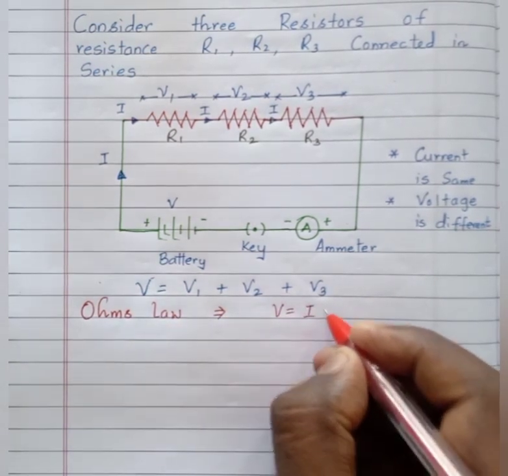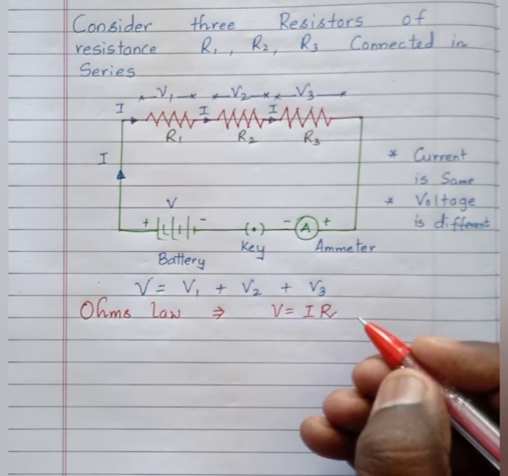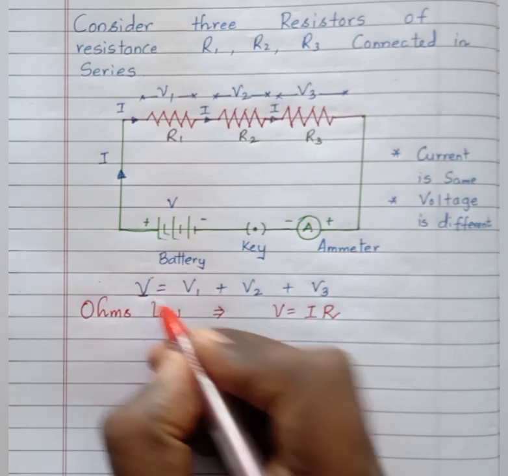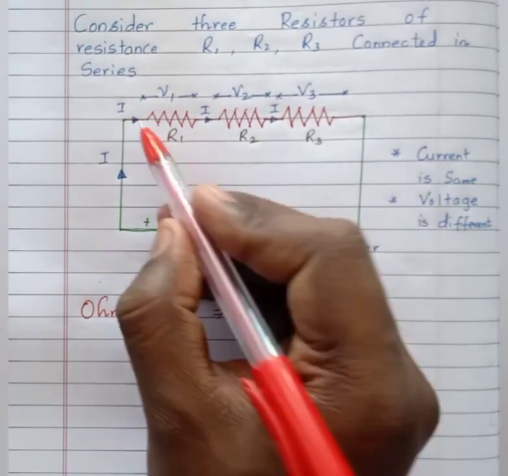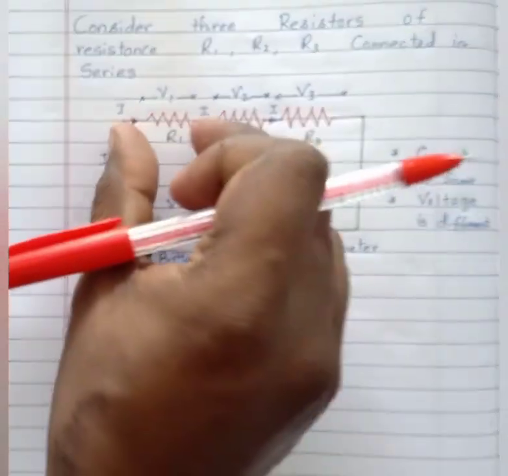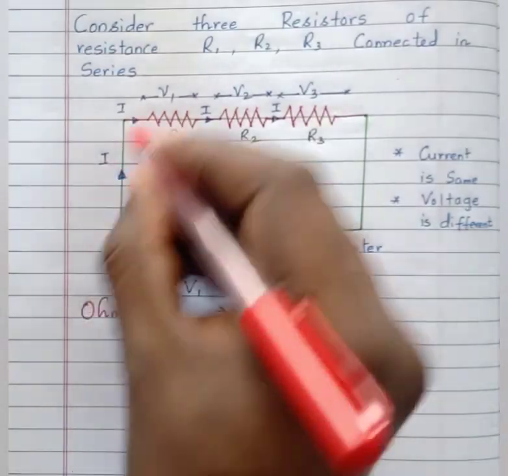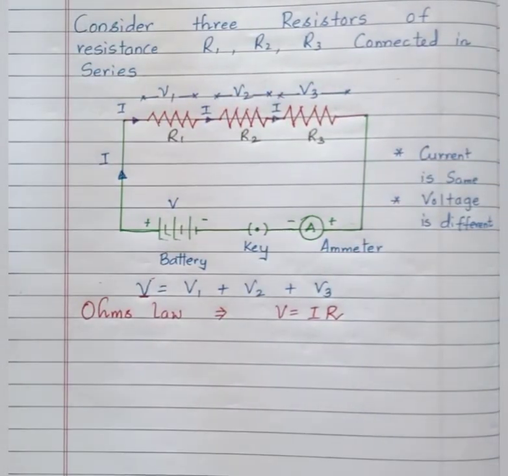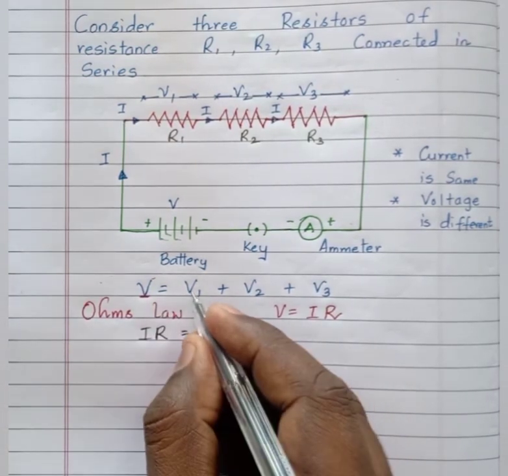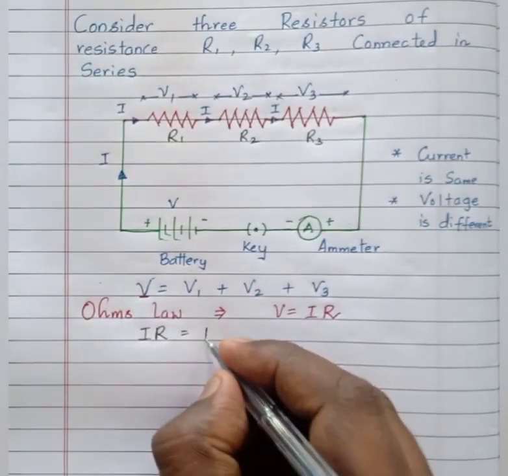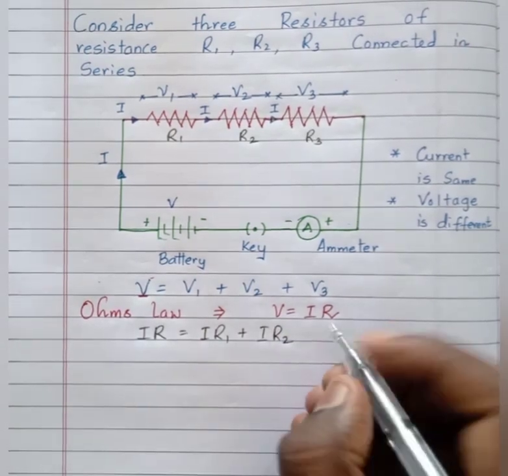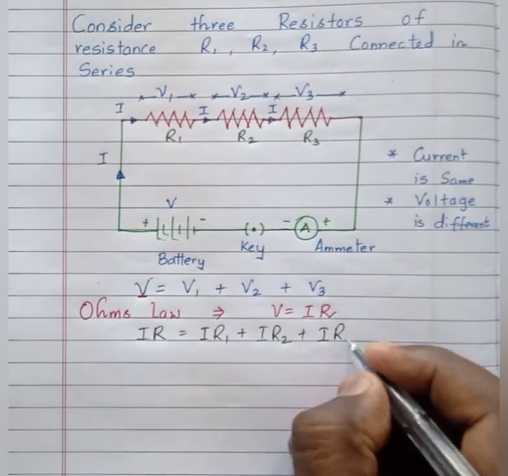V equals I into R. Now apply Ohm's law to the entire circuit, we get V equals I into R, whereas applying Ohm's law across each resistor, that is V1 equals IR1, V2 equals IR2, V3 equals IR3.